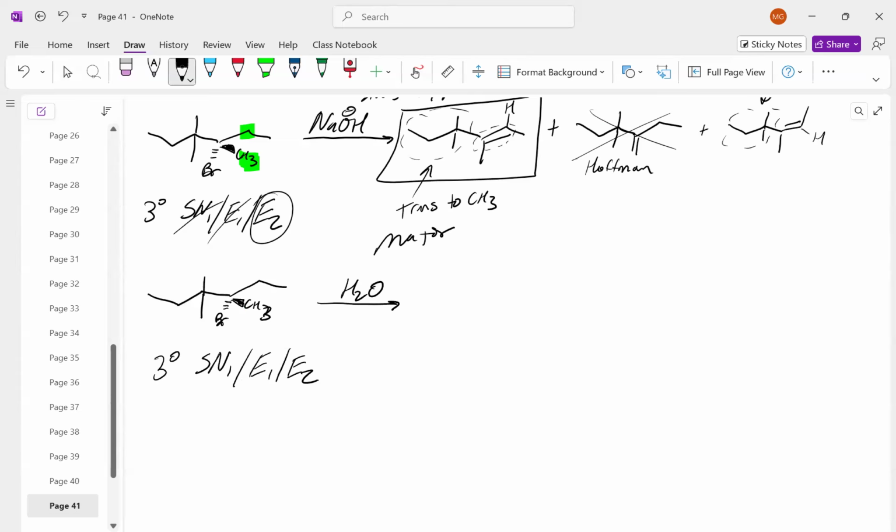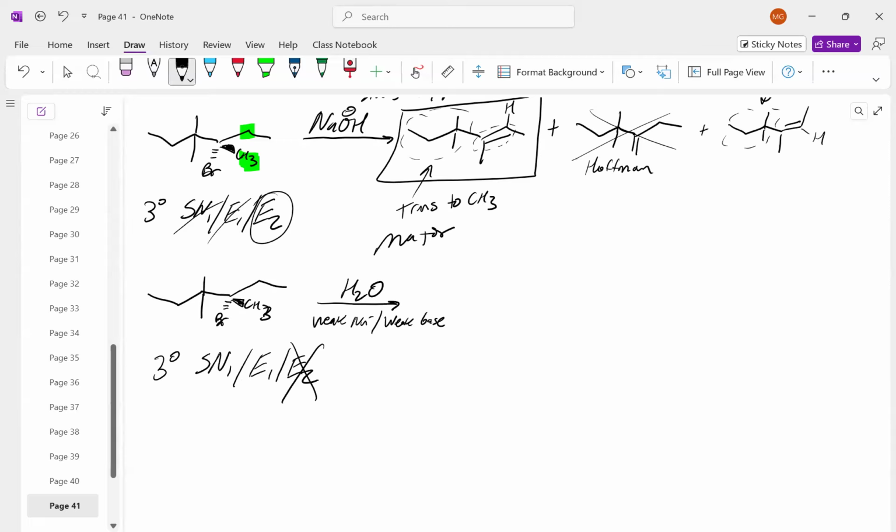So I'm going to look at the other reagent. I'm given water. What is water? Well, water is a weak nucleophile, weak base. So that's going to eliminate E2 right off the bat.